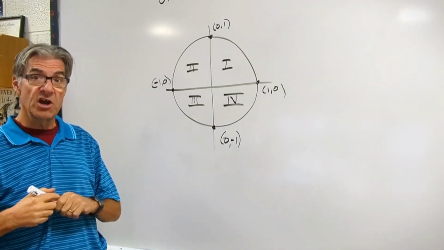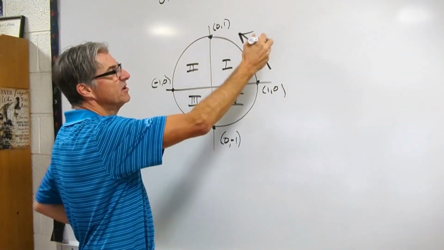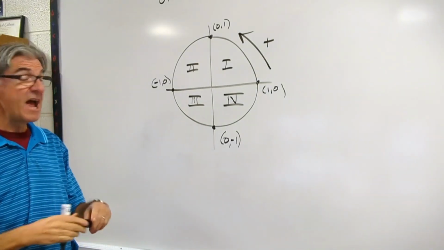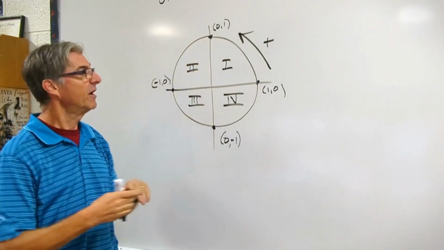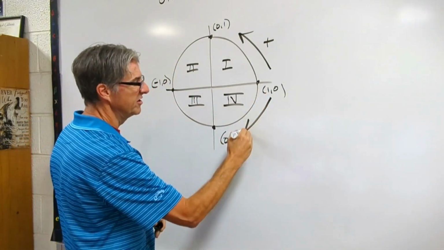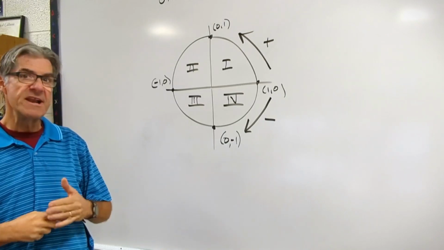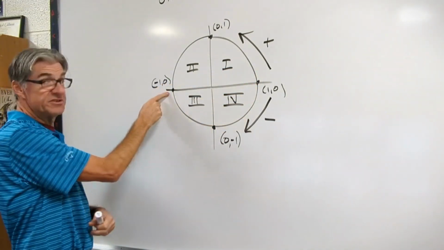First off, I want to talk about angle measurement. This direction, counterclockwise, is positive. So if I say you have a 30-degree angle, you're starting here and going positive 30 that way. If you go this direction, your angle is negative. So if I say negative 180, you're going to start here and go 180 degrees around to that one.